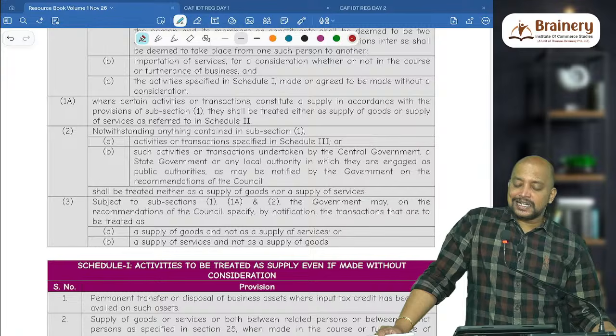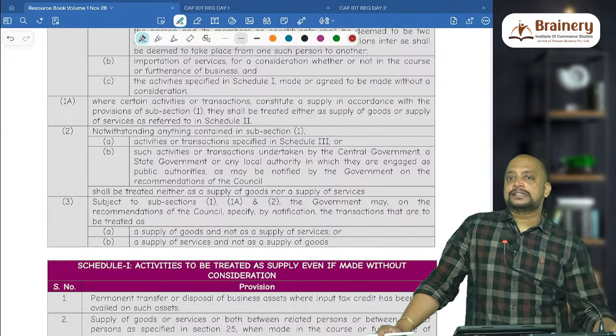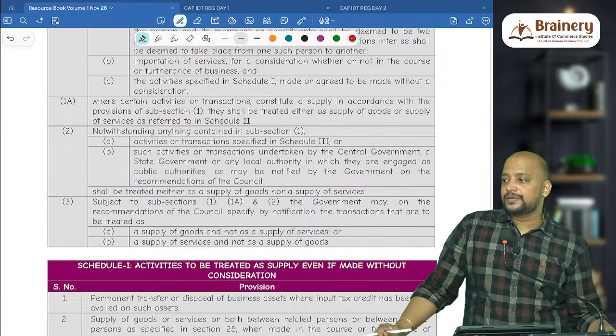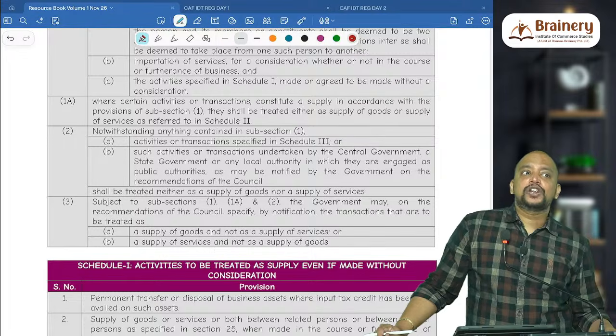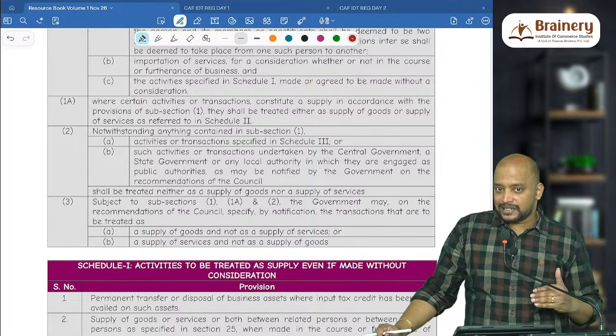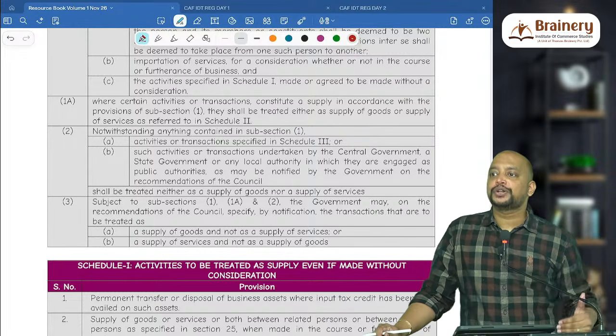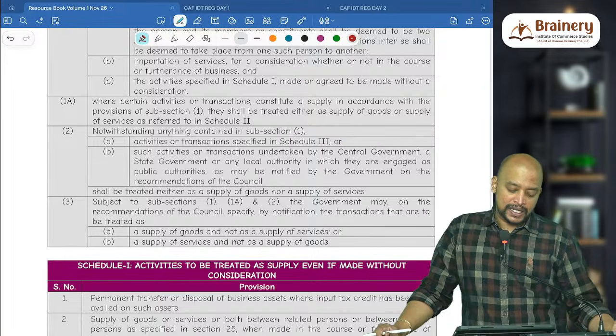Notwithstanding anything contained in subsection 1. Usually in the law, when they say notwithstanding anything, what does it mean? Non-obstante clause means it will override subsection 1. Subsection 2 will override subsection 1.